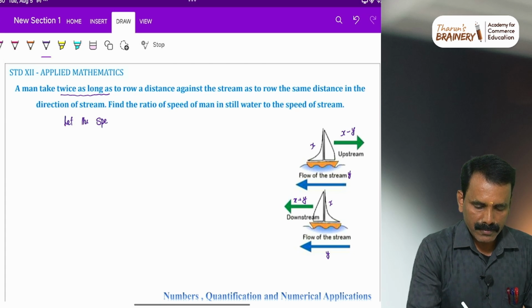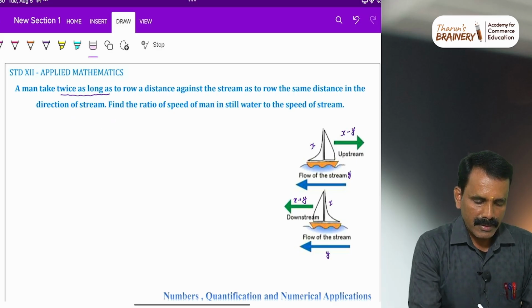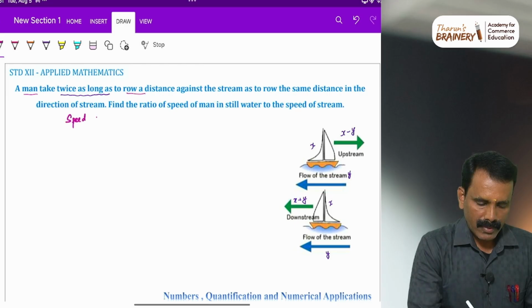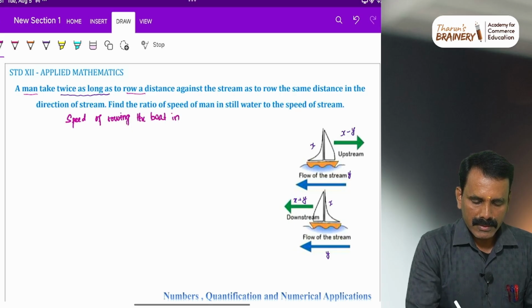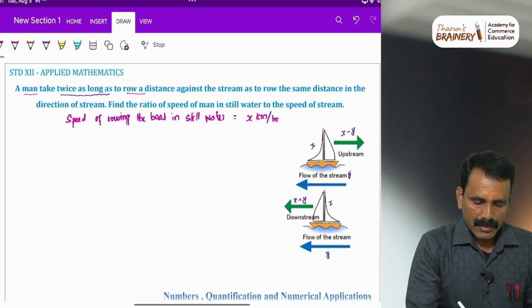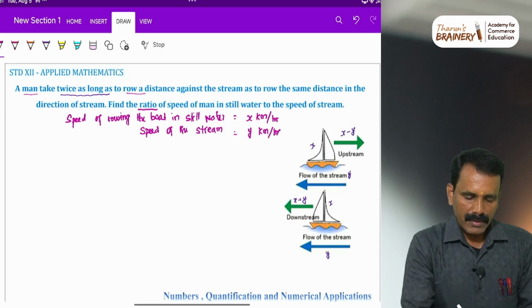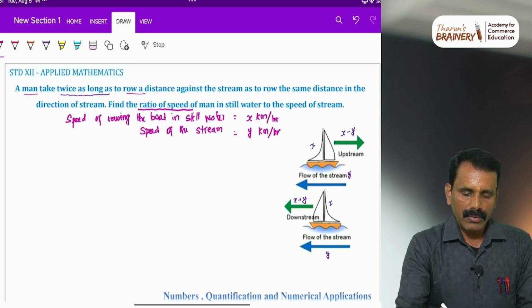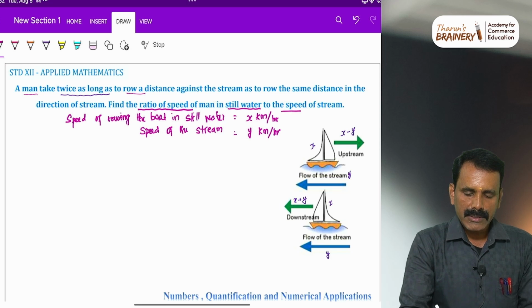Let the speed of rowing the boat in still water be x kilometer per hour, and the speed of the stream be y kilometer per hour. The question is to find the ratio of the speed of the man rowing the boat in still water to the speed of the stream, that is, the ratio of x is to y.